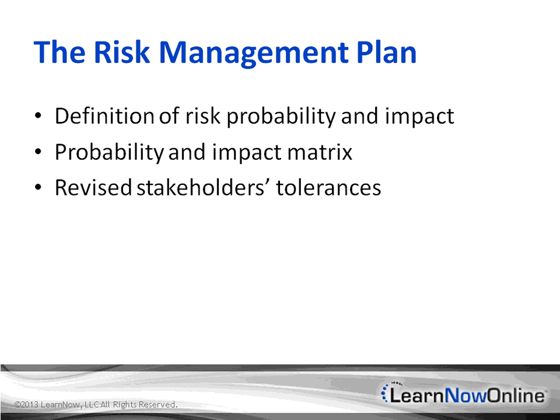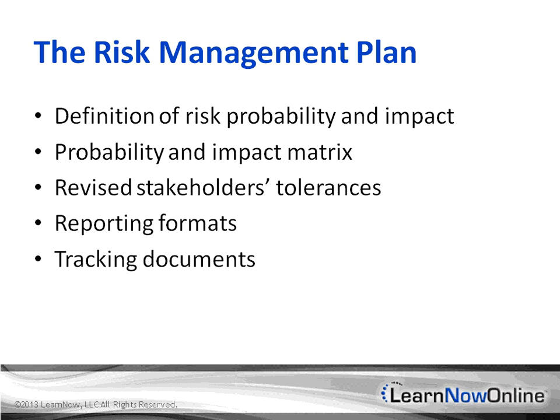We will revise the stakeholders' tolerances for various risks. It will specify the formats for reporting when risks occur, and it will give us the tracking documents that document how risk activities will be recorded and how the risk management processes will be audited during the course of the project.